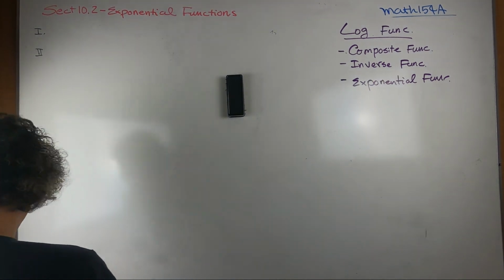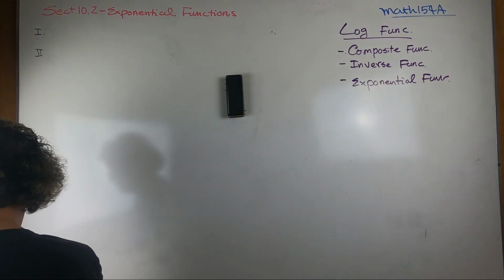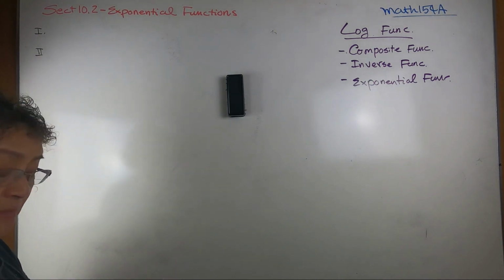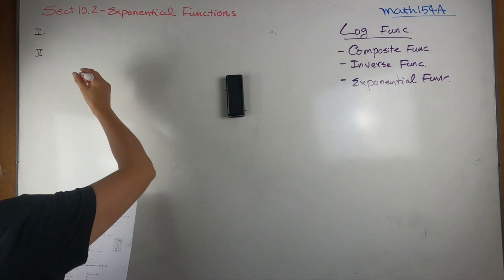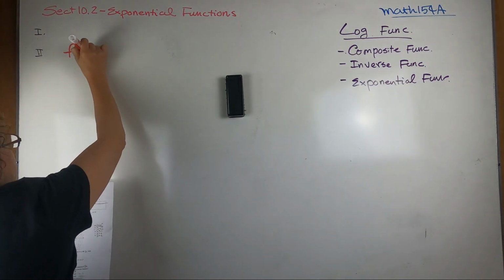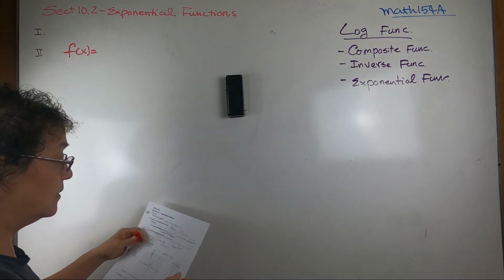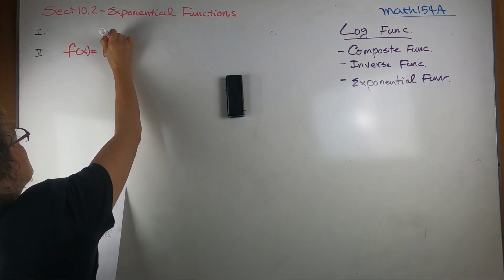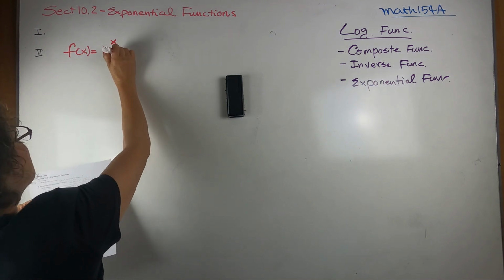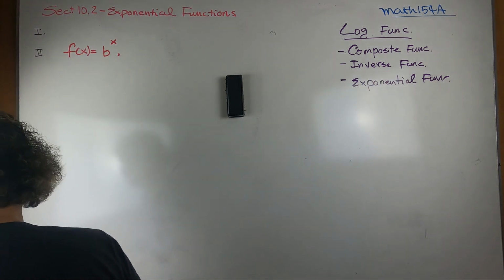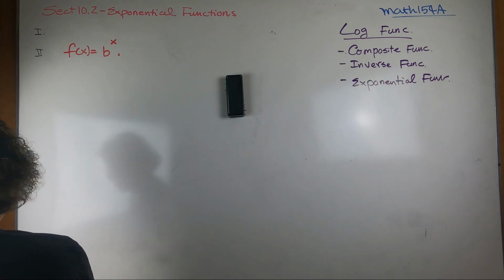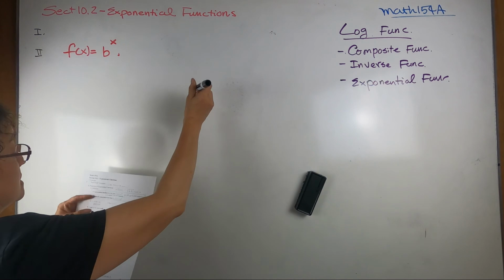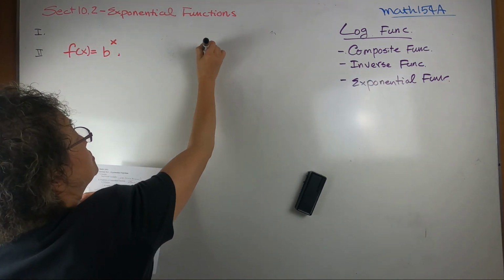So then let's talk about how we describe the exponential function. If I ask you what an exponential function is, how would you describe it? You would describe it as a function f of x, where you have some base, and your x is in the exponent position. What does that mean? Let's look at some examples.